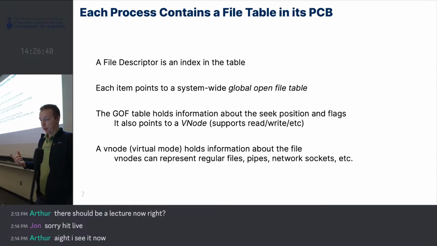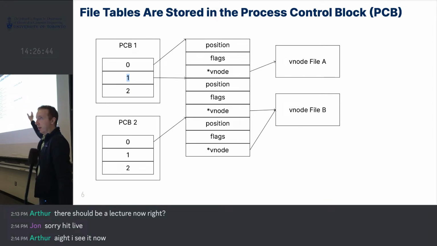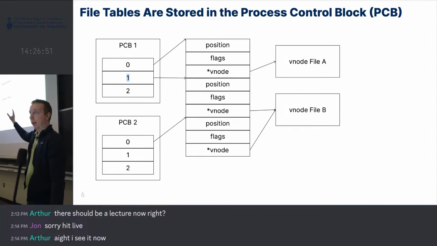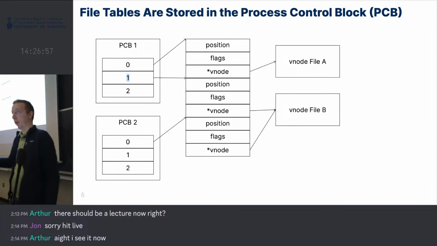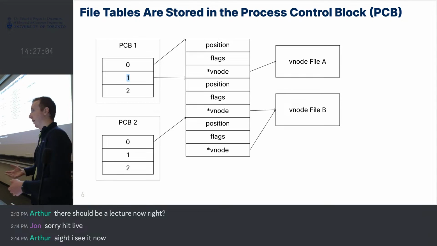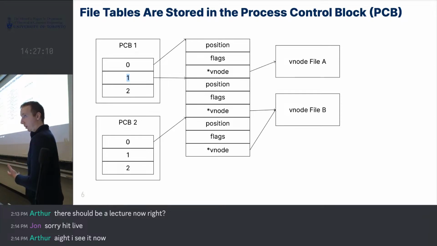What they're pointing to are entries in a global open file table, and the kernel maintains this. These are all the open files across all the processes in your system. That's how the kernel keeps track of literally every file descriptor that is open across all processes, and how it would note whether a process has the right end of the pipe open, because it would be in the big global table.